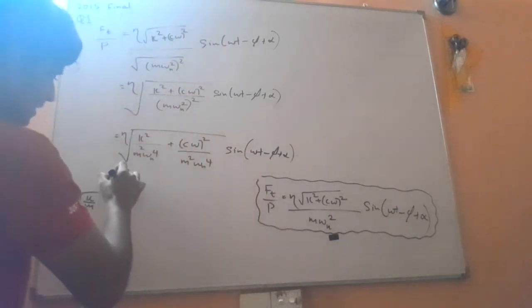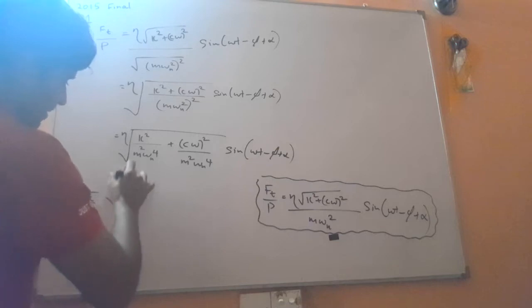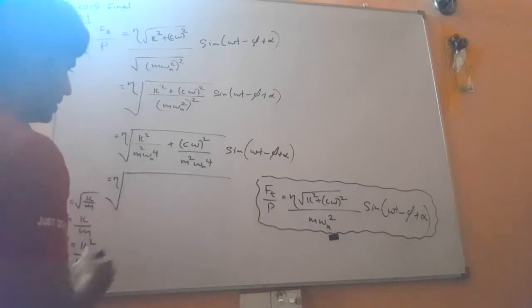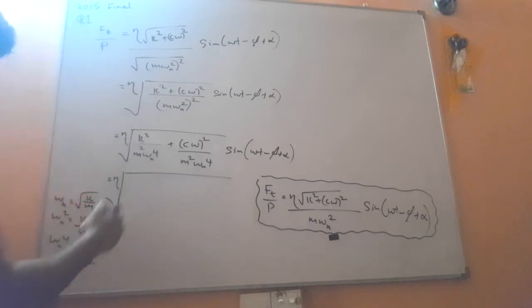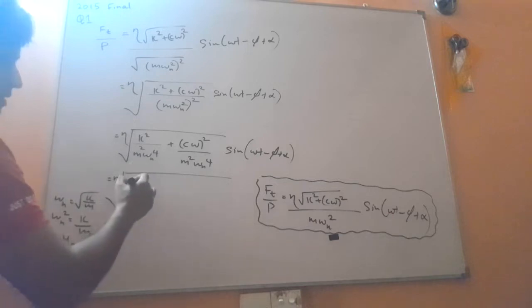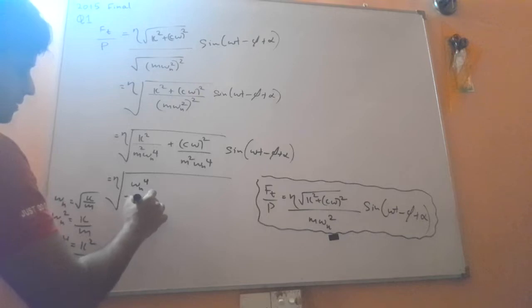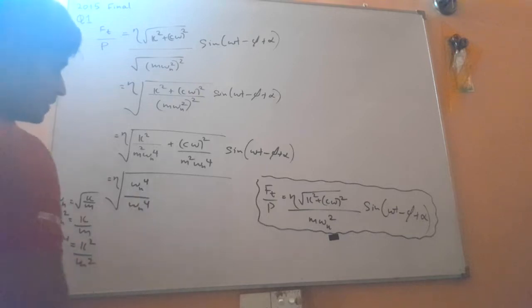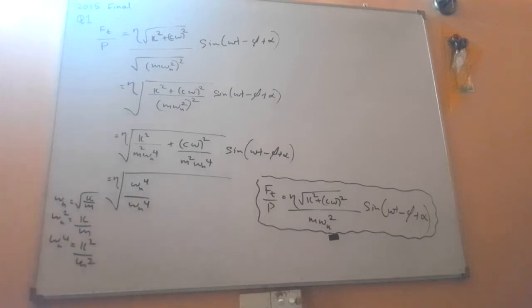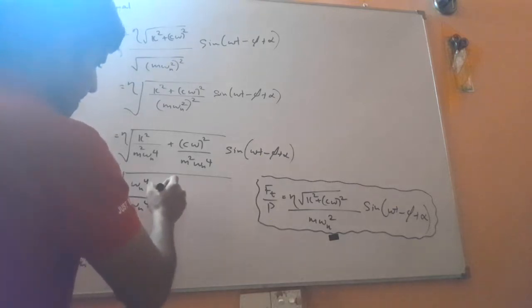So neta times inside the square root symbol k squared divided by m squared, that is same as omega n to the power 4, divided by omega n to the power 4, right? Okay. And what is next? Plus now.